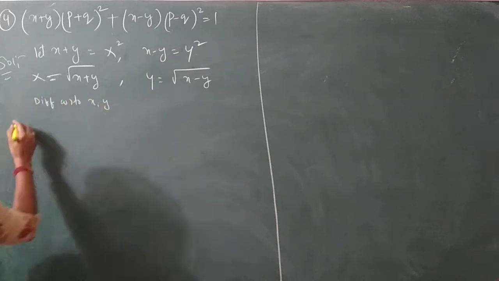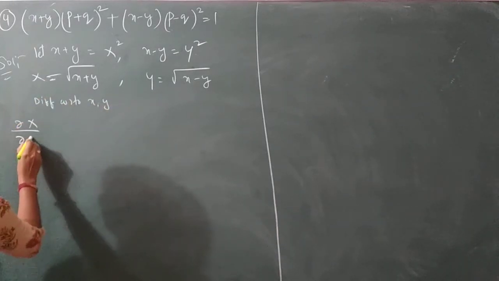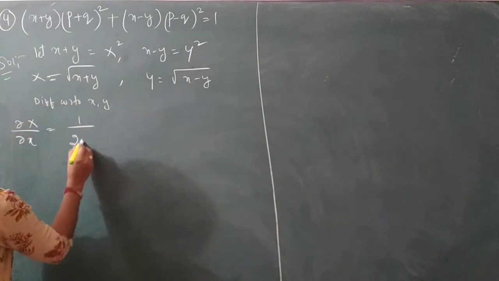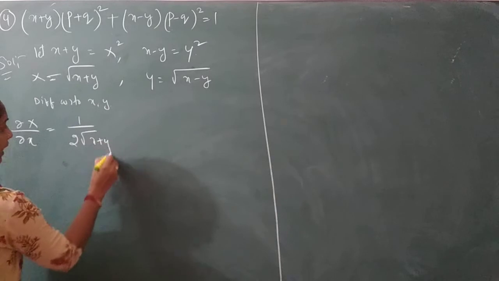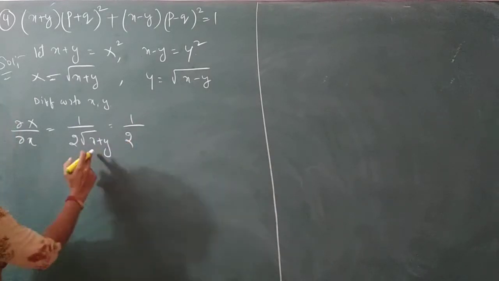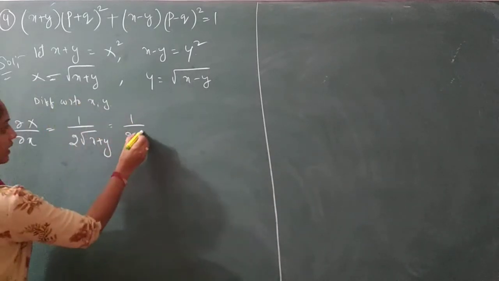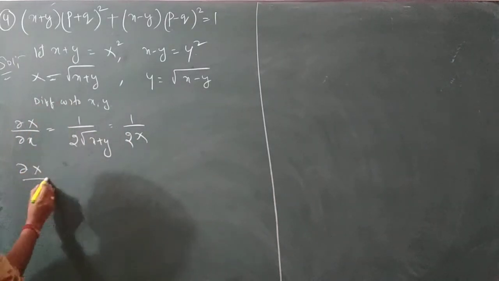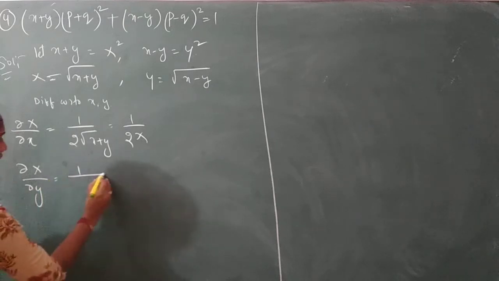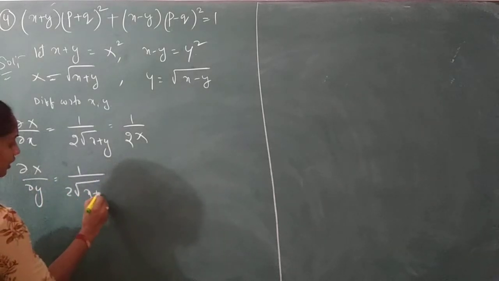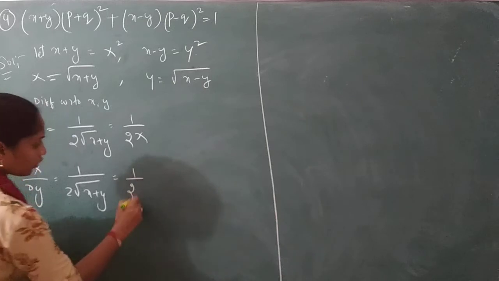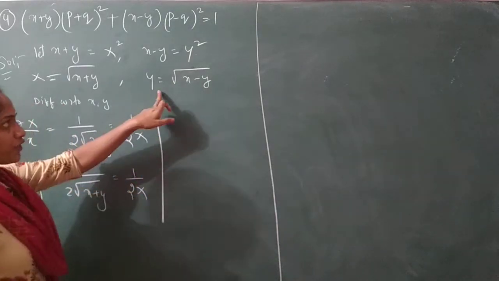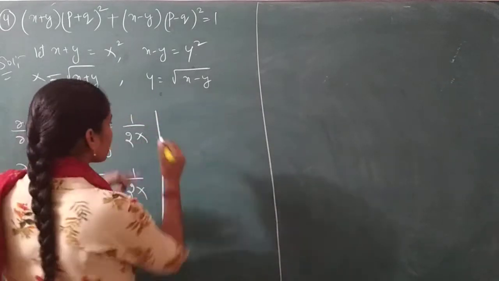So now differentiate this capital X with respect to small x and y. So let's take dou X by dou small x is equal to, differentiate, this is root of x plus y. What happens here? 1 by 2 root of x plus y, right? That is 1 by 2 into capital X. If you do dou X with respect to dou small y, same here, 1 by 2 under root x plus y, equal to 1 by 2 into capital X. So now let us differentiate capital Y with respect to small x and small y.